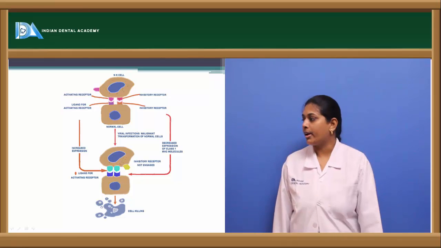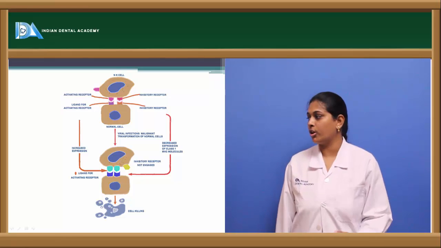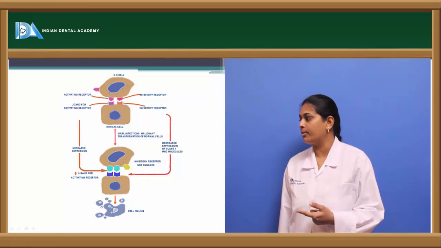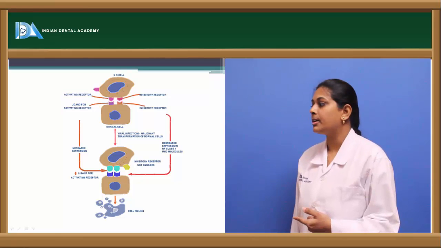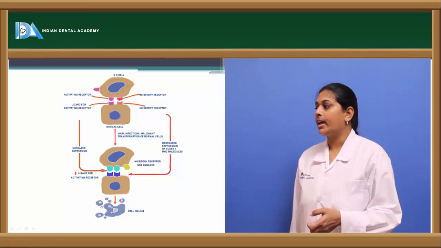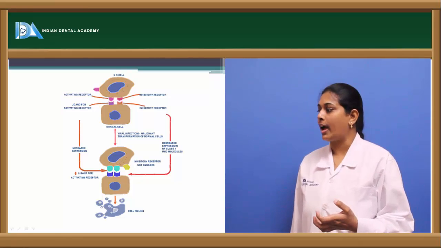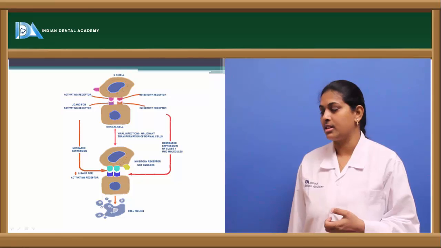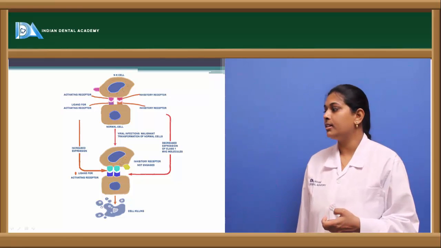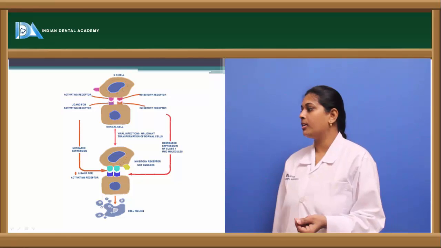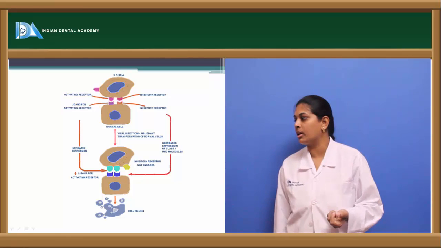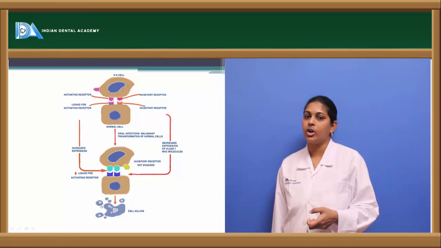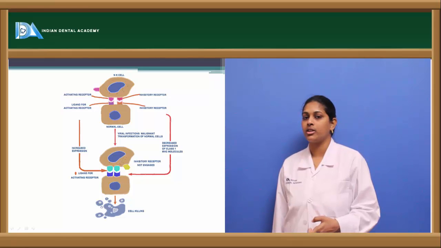Coming to the schematic diagram of the functioning of the natural killer cell, as we can see in the picture, it contains both the activating receptors and the inhibitory receptors. These receptors usually get attached to the ligands on the normal cell. Suppose the antigen is a viral infection or otherwise a malignant transforming antigen, it causes the transformation of the normal cell, because there is attachment of these receptors to the ligands of the normal cell.